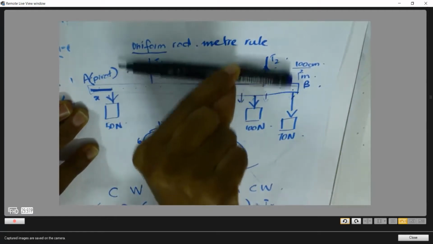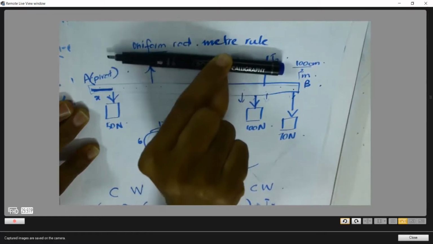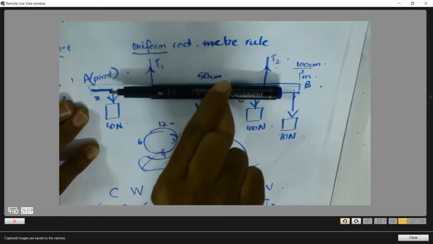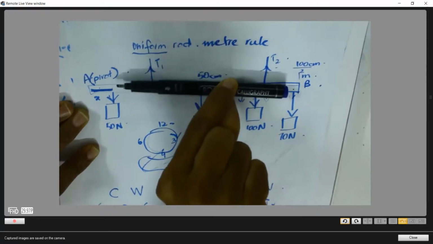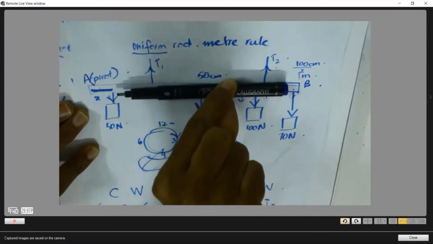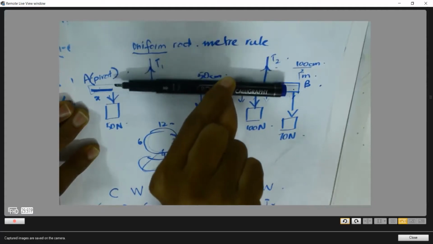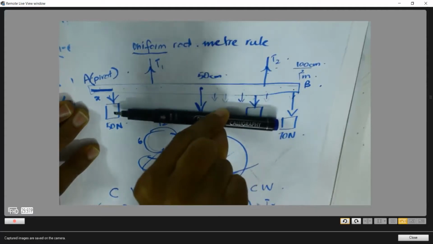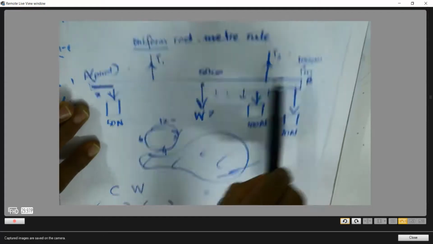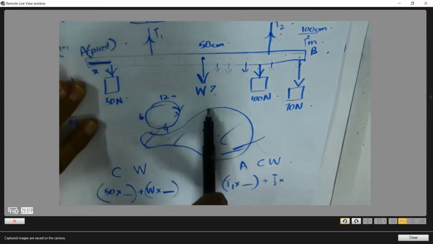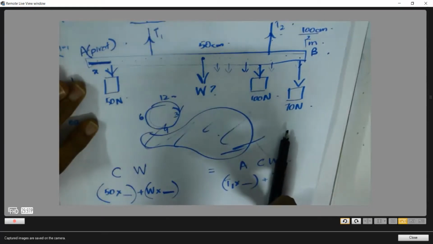They have other effects as well, right? They can move as well. So that's why the meter rule is not moving anywhere. It's neither moving upwards nor moving downwards. Why? Because the total upward forces is equal to the total downward forces. So T1 plus T2 should be equal to 50 plus W plus 100 plus 70.